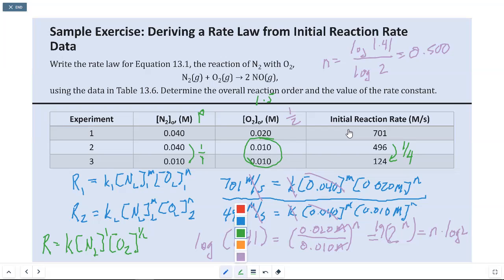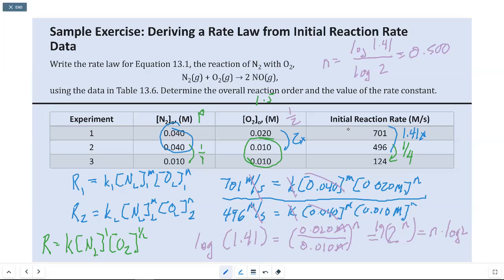If you had started with isolation and said, okay, this is held constant, this is a doubling effect, 701 divided by 496 is 1.41, you'd still end up at the same spot where we were at the end, where you're going, okay, 2x versus 1.41x, it's definitely a change, so it's not zero order. It's not a linear change. It's not an exponential change. It's not an integer change.